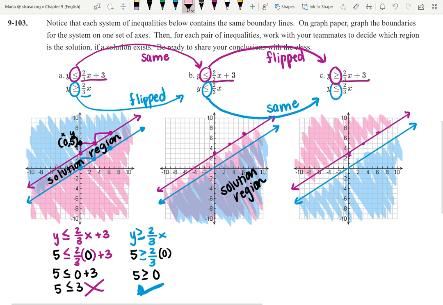In this case, because there is no overlap, there is no solution region. This means that there is no point that you can plug in that will make both inequalities true.